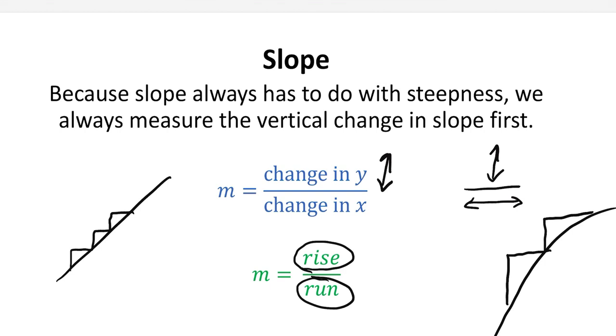And sometimes you will see a little triangle that says delta y over delta x. Delta is just a Greek letter that means change. But all we're measuring is how much our line moves up and down and then left and right. So let's take a look at a few.